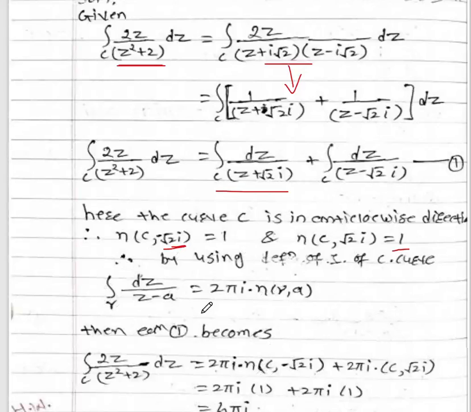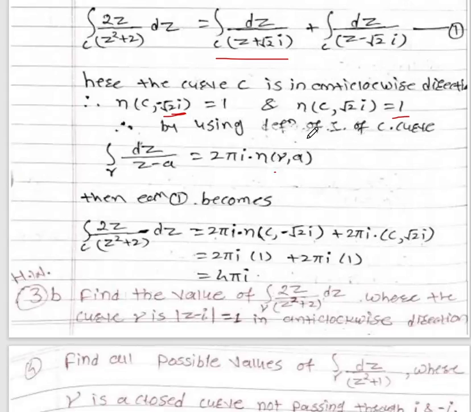By using the definition of the index of a closed curve: integral over gamma dz upon z minus a equals 2 pi i times the index of closed curve gamma at a point a. Here the curve is given as C. Therefore the integral over C of 2z divided by z square plus 2 dz equals 2 pi i times the index of the closed curve for the first point plus the index for the second point.